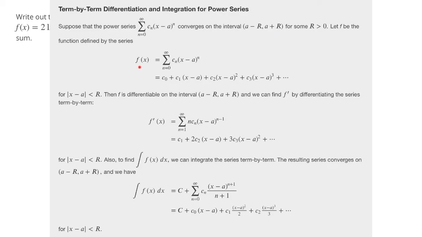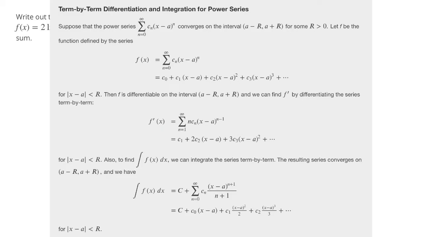Well, in the case that the function is differentiable in that interval for which the power series converges, then we can differentiate the power series term by term and obtain a power series expansion of the derivative of the function.